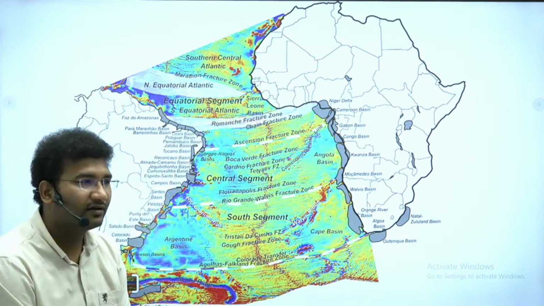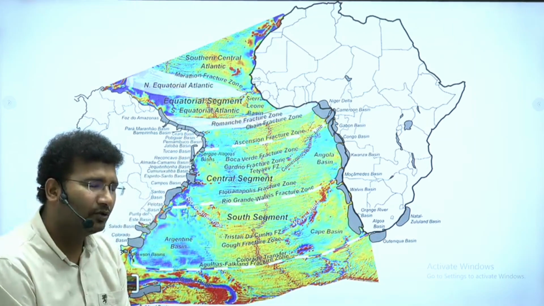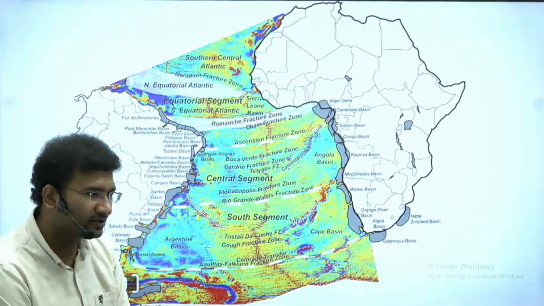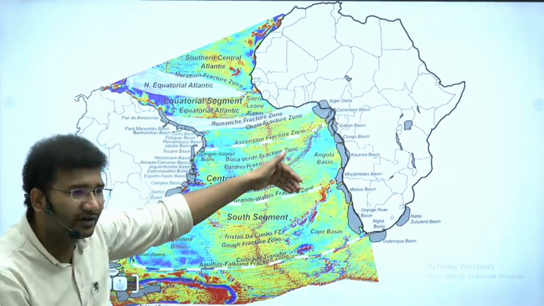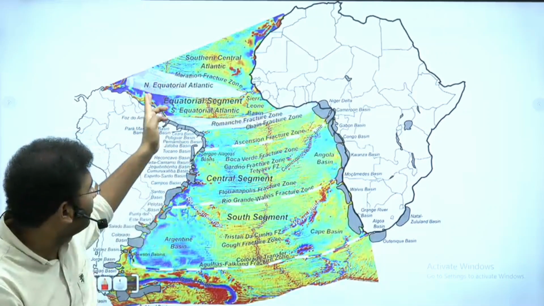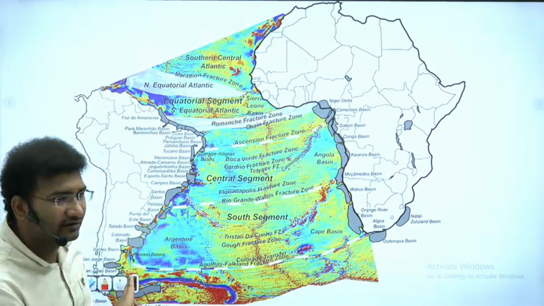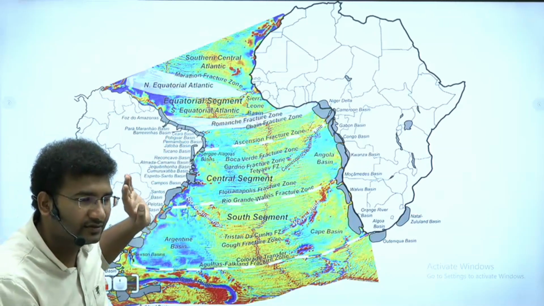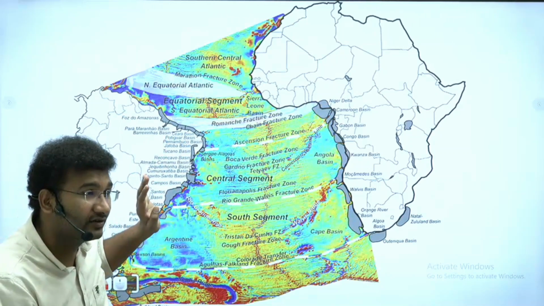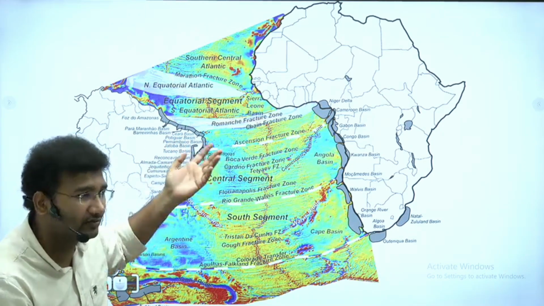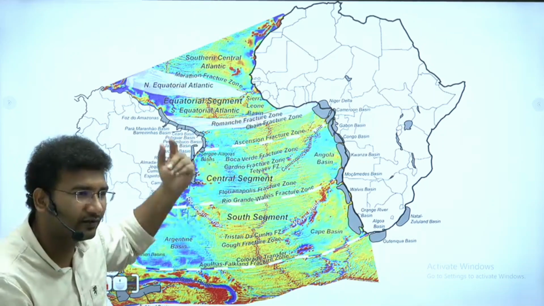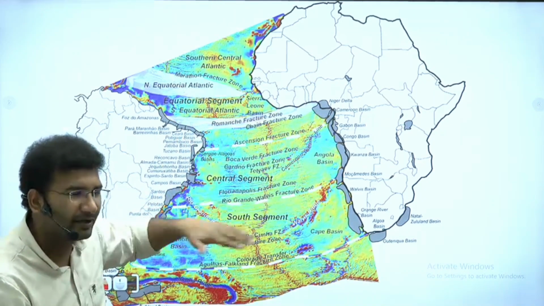They got to learn that what Wegener had said is absolutely right, because at 1000 fathoms depth, meaning near about 1500 meters depth, the coastline that you see on Africa is exactly matching that of South America. Now Wegener was given credit after his death, not before. This was studied in 1934, later when the World War mapping of the oceans was taking place.